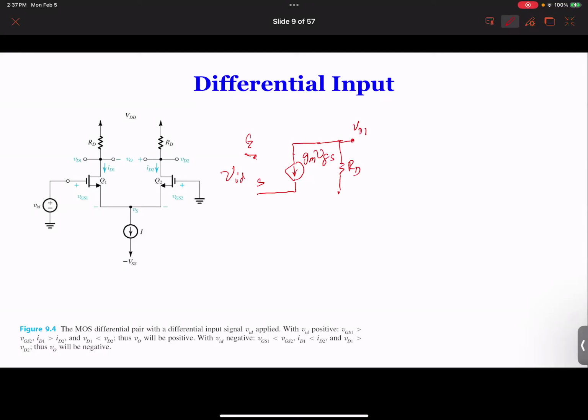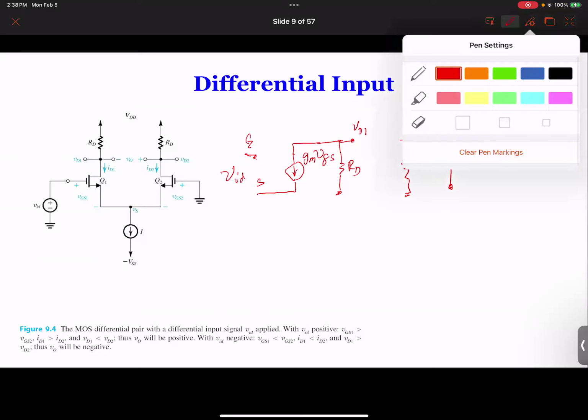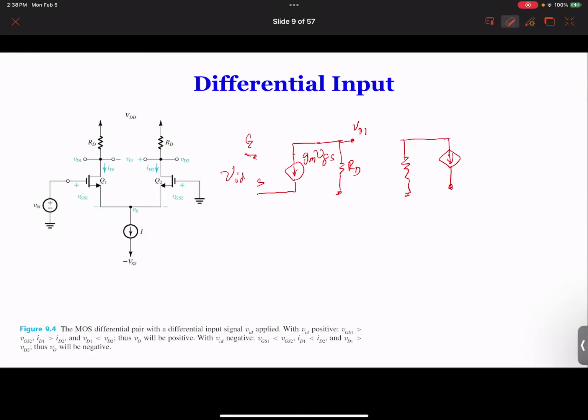And on the left hand, we're going to draw similarly the gate, but we're going to flip the circuit so that we make it easier. And one thing I need to indicate once I finish this drawing is that this gate is grounded.